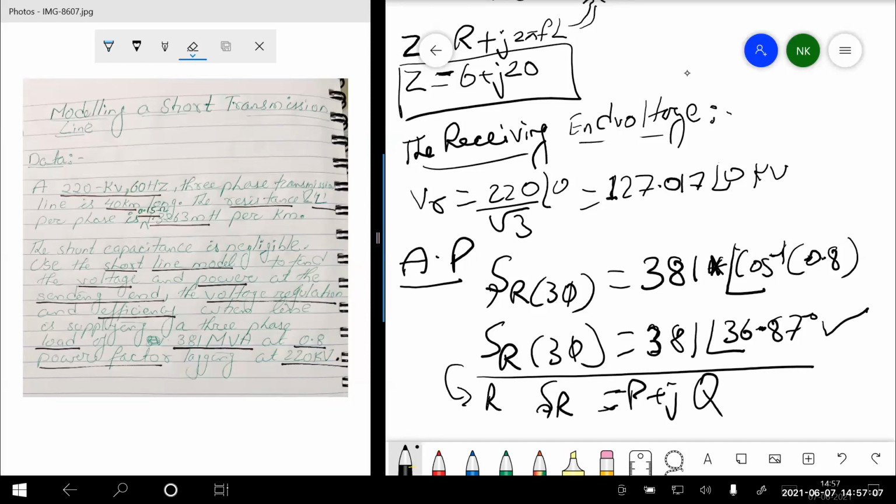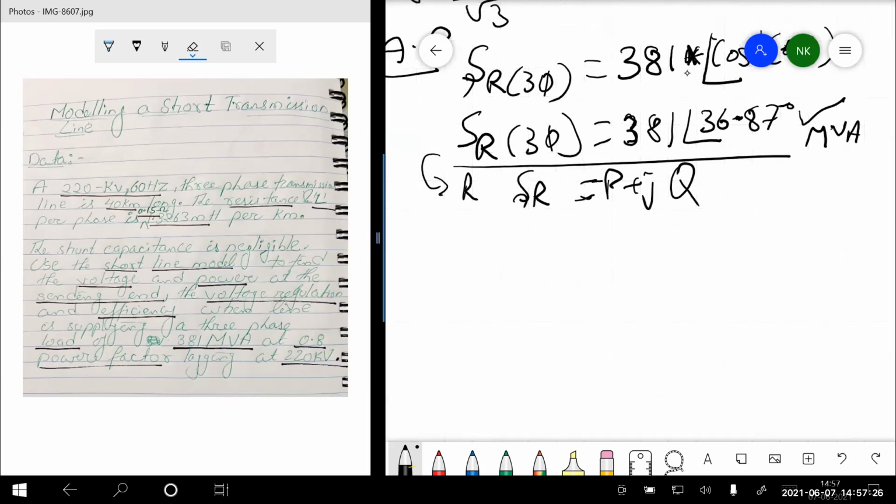We know this: 381 angle of 36.87 MVA. This data we know, right? So if we convert this into rectangular form, we will get the active and reactive power of the receiving end, right?